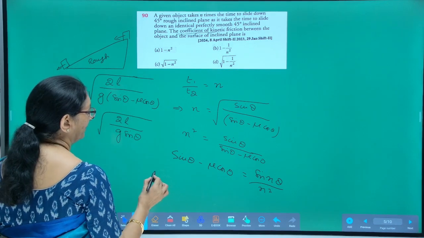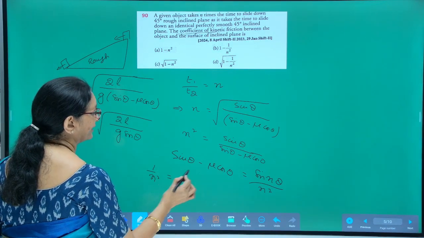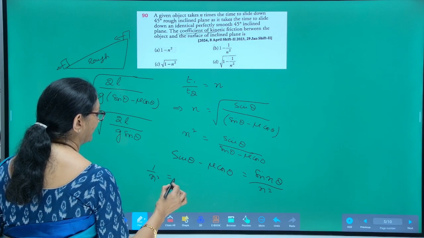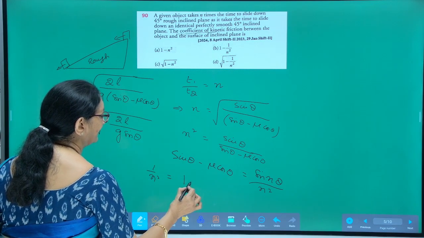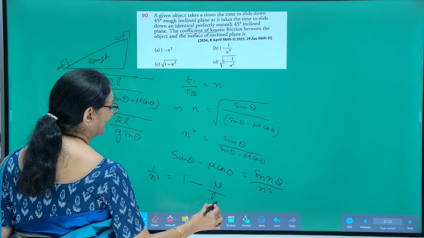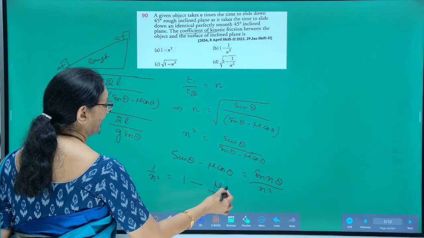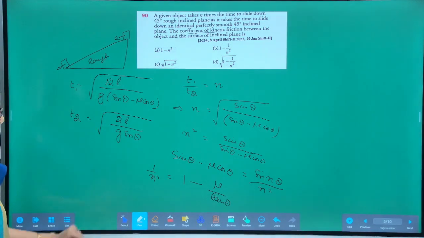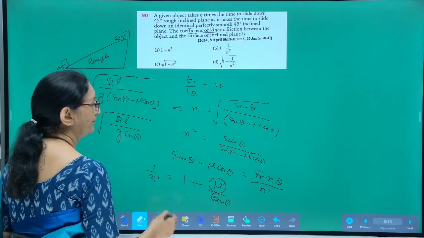So, 1 by n square is equal to, bring this sin theta to this side, sin theta by sin theta is 1, minus mu by tan theta, since sin theta by cos theta is tan theta. We want to find out mu here.